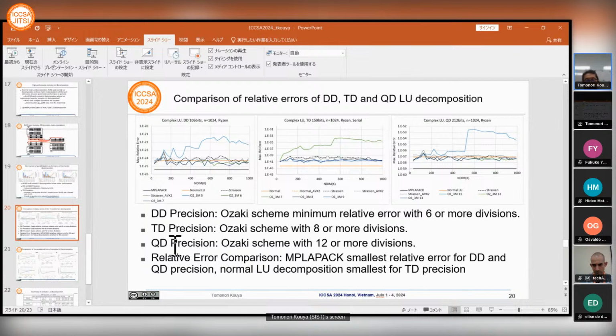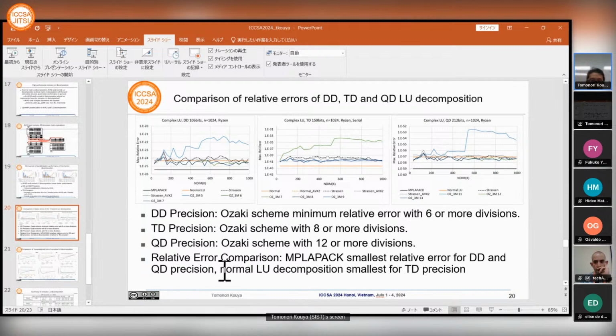In quadruple-double precision, Ozaki scheme needs 12 or more divisions to achieve the best approximation by using complex LU decomposition.